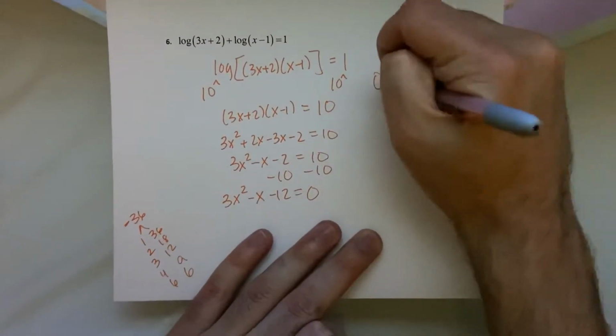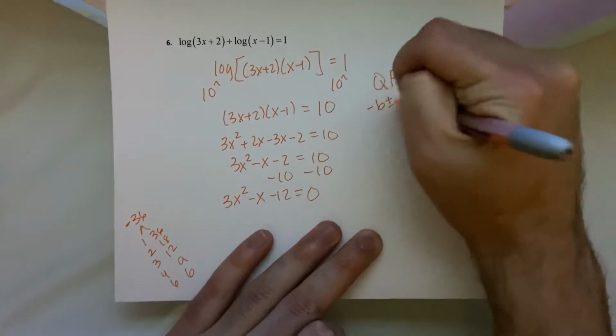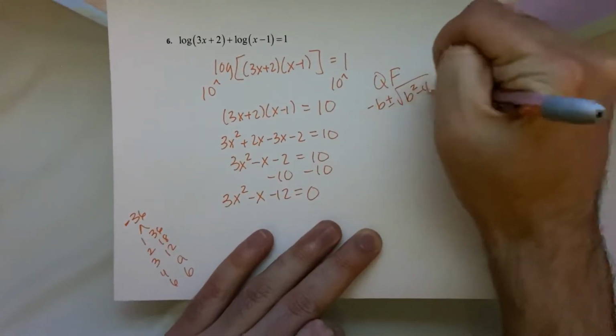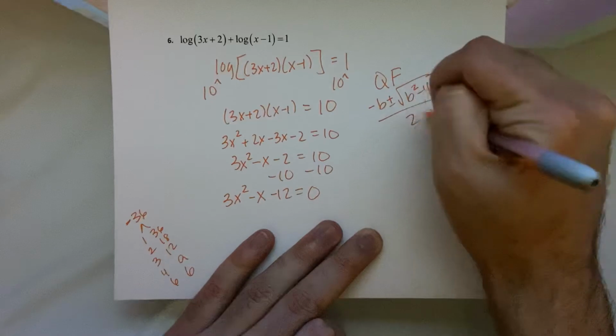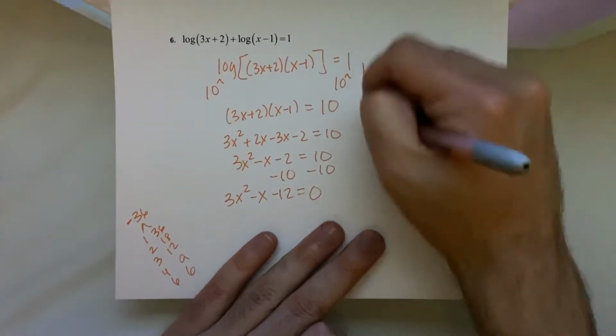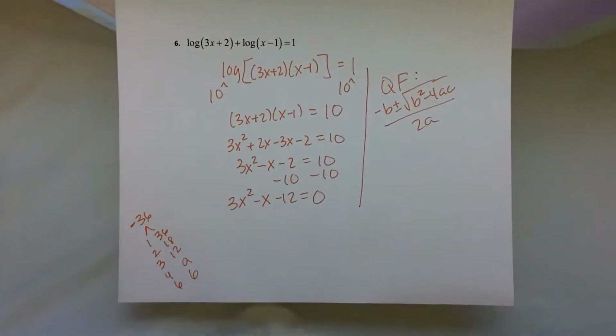Now, I do have alternate methods for finding the solutions. One of them is the quadratic formula, which is negative b plus or minus the square root of b squared minus 4ac all over 2a that we've used before. So sometimes I'm going to have to use this.